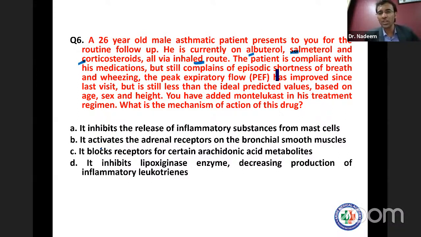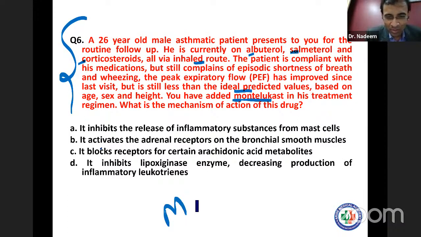The peak expiratory flow has improved since the last visit, but is still less than the ideal predicted values based on age, sex, and height. Then you have added montelukast to his treatment regimen. What is the mechanism of action? Basically, in this question, I am asking you the mechanism of action of montelukast.